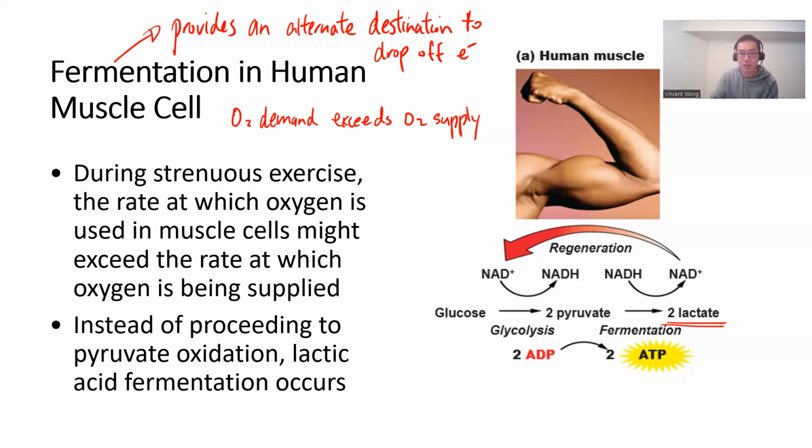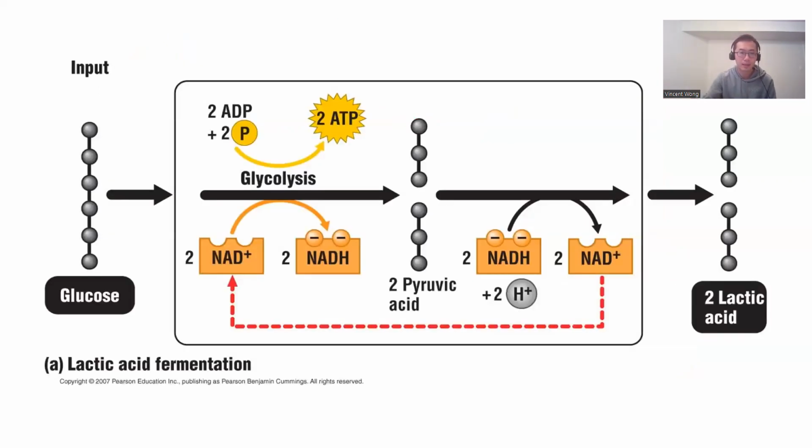But in order for glycolysis to keep on going, we need to have the NAD+, right? The buildup of lactic acid is what contributes to the soreness and the burning sensation after a strenuous workout. All right, so here you can see you start with glucose, 6 carbon. We're going to do glycolysis, producing 2 net ATP, and then you're going to get your 3 carbon pyruvate.